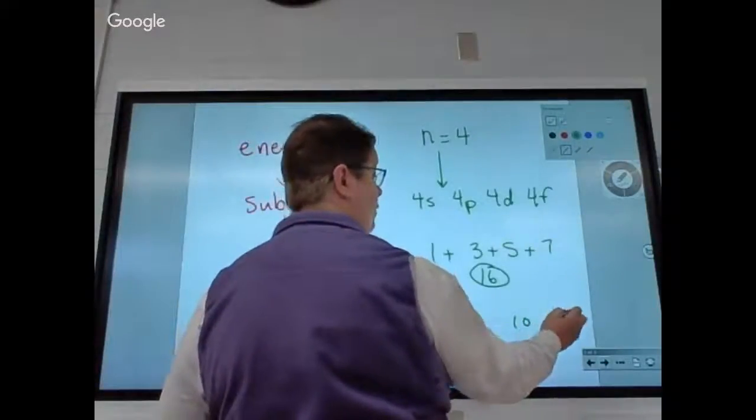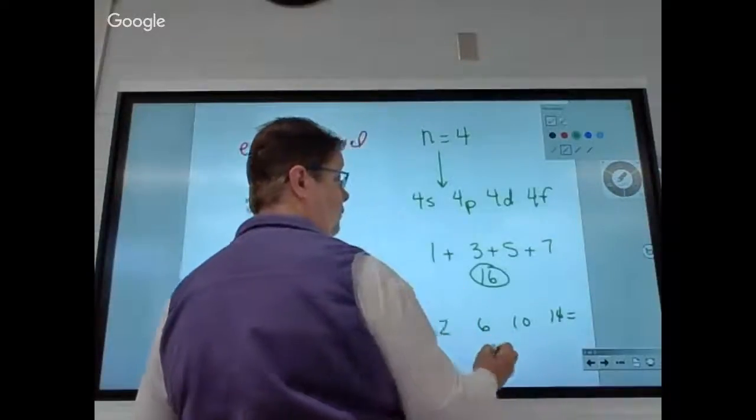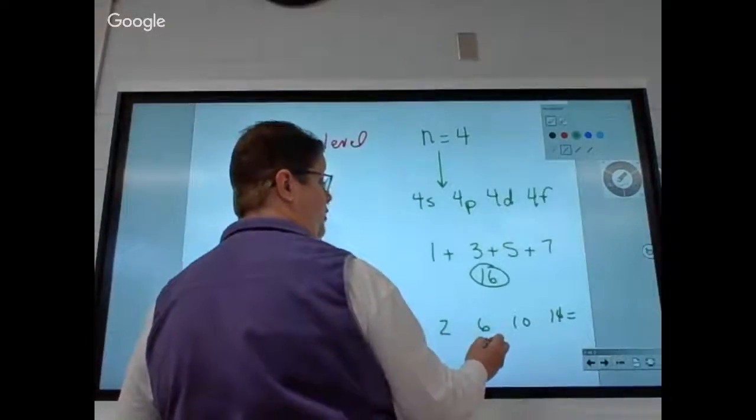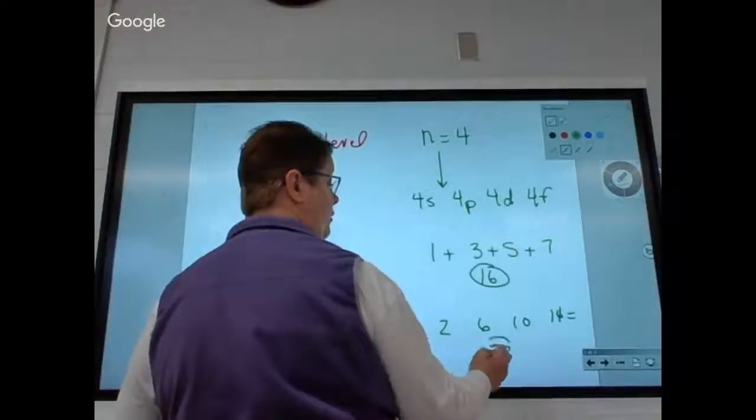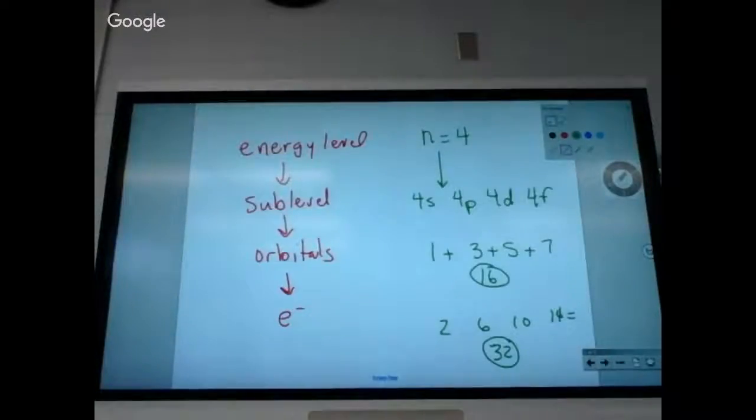So you'd get what? 32. But there's a shortcut if you want to do the shortcut. What's the shortcut if you want to get the electrons in the energy level? 2n squared, which a lot of you use. You don't go through this, but that's the process if you don't want to use the shortcut.